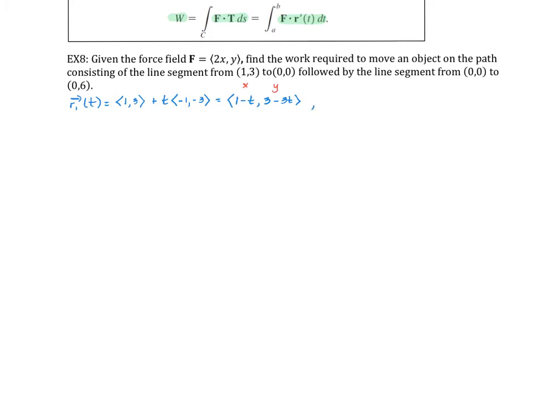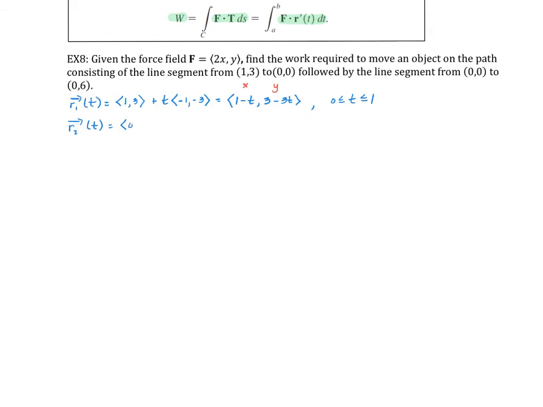My t values are going to go from 0 to 1. And then I'll define my second curve. Again, since the work is going to be broken up into two separate integrals, I'm not concerned with consecutive t values. I can start from the beginning, and the line segment from 0, 0 to 0, 6 has nothing to do with the other one.